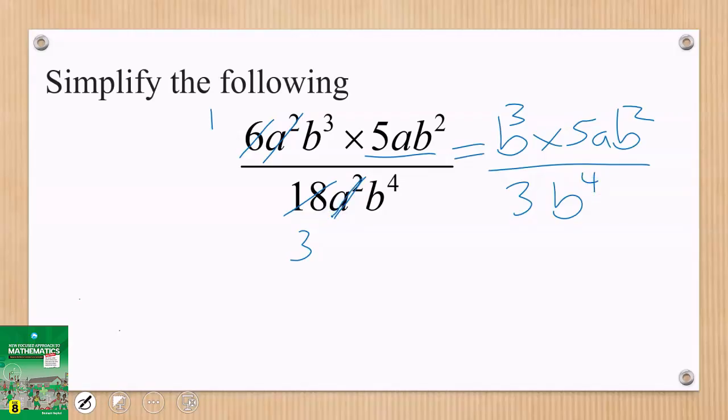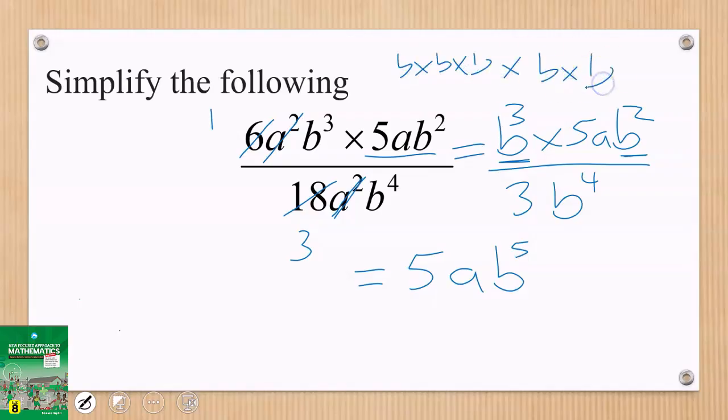So from here, what will I do? Let's see. I can look at the top one and multiply this b cubed times b squared. I'm going to have 5b to the power 5, because b times b times b, then again times b times b, so 3 plus 2 makes it 5.